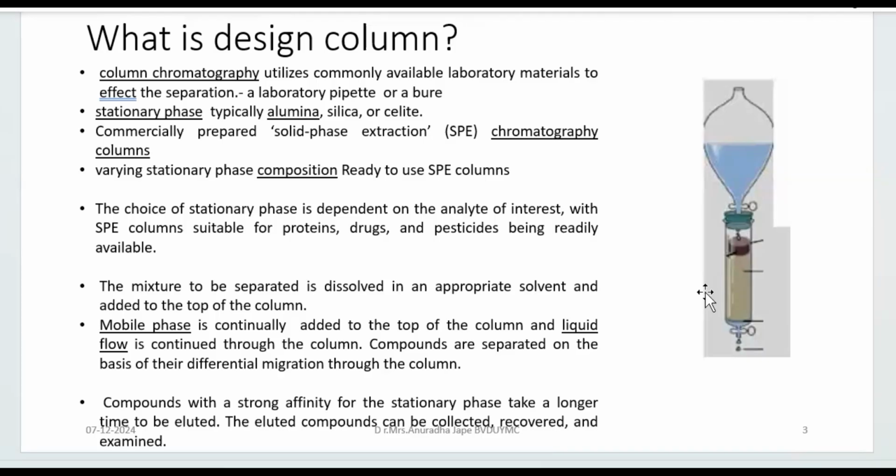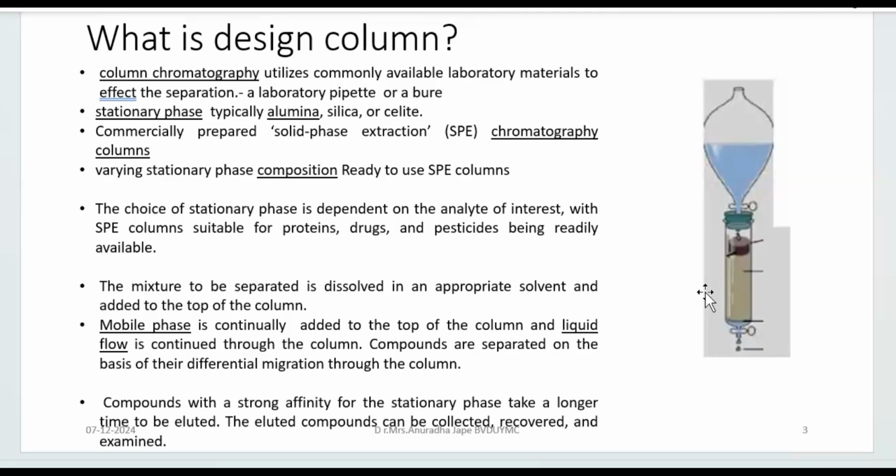Say for example, if you take a urine sample or a plant extract sample, natural products, you need to go for selective concentration of your analyte that can be achieved by solid phase extraction chromatography columns. This we have discussed in yesterday's lecture, so I'm not going to talk more on it, but if you want, you can refer to yesterday's lecture.